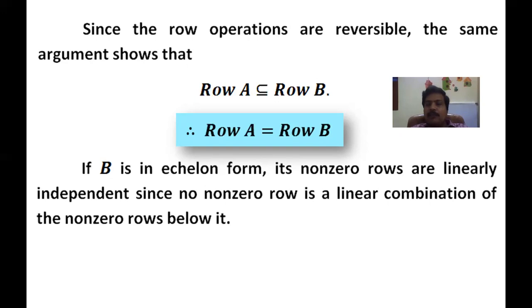So in echelon form, the leading positions, which we call pivot positions, will be to the right of the pivot in the row above it.